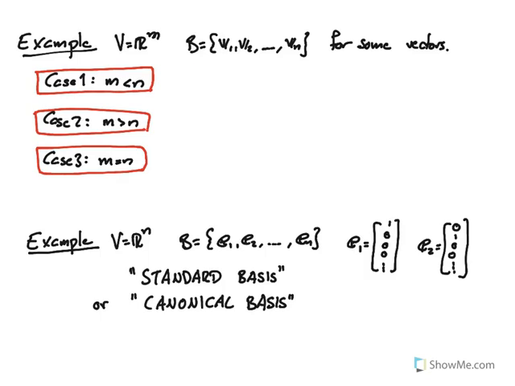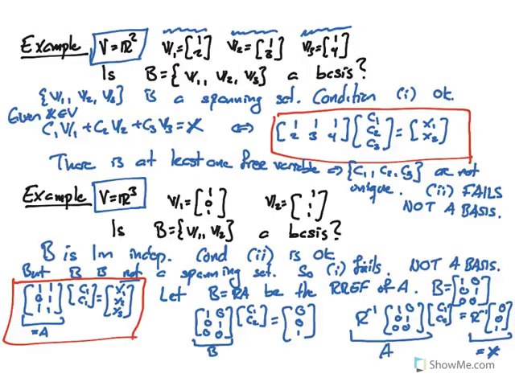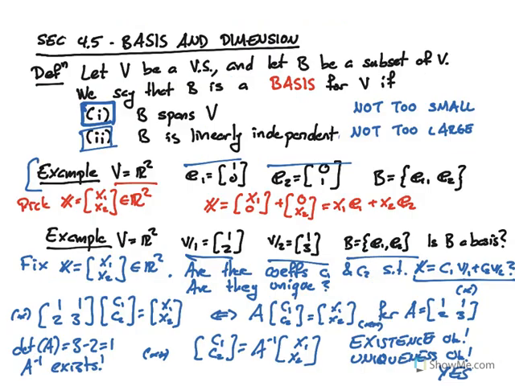Let's phrase it like this: B cannot be linearly independent, so one of the conditions must fail. Let me go back and see which one.